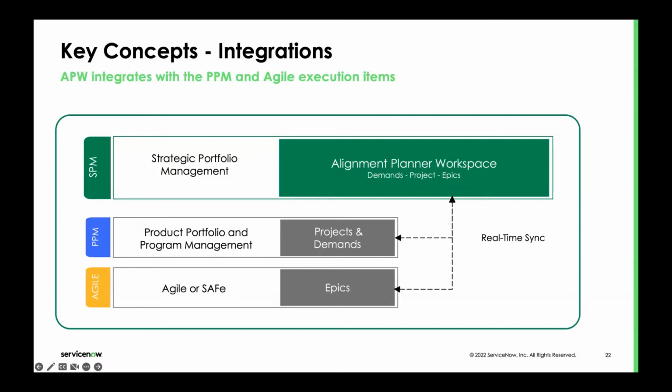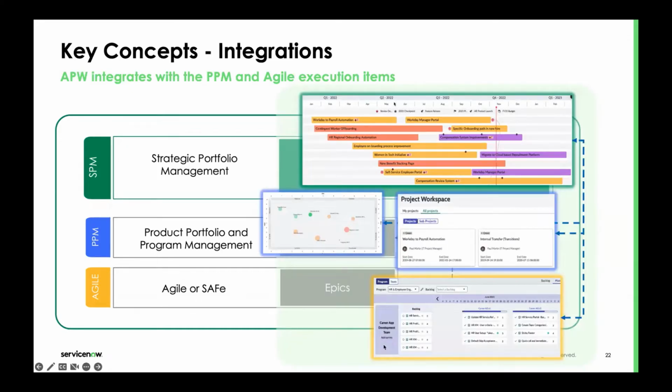So you think about the integration, right? And how does this work? We mentioned this concept of Alignment Planner looks at PPM and Agile, the blue and the yellow. And when it looks at that, it brings in information. So APW is a global, a scoped app, but it's looking at PPM and Agile. So translate this model into what it looks like for the product.